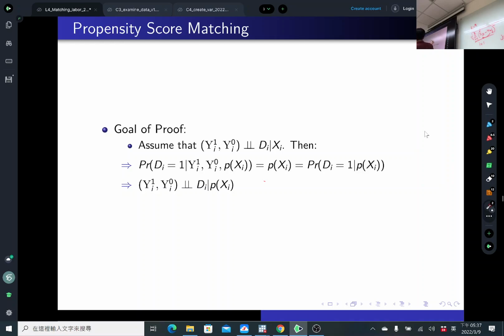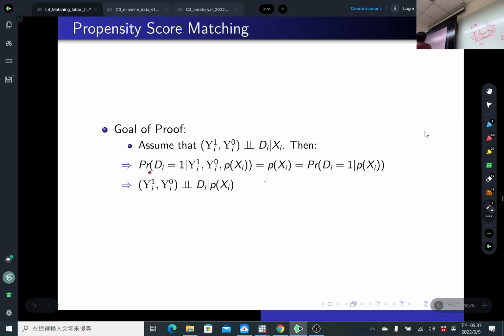Because this basically suggests that, given the propensity score, you don't need to condition on your potential outcomes, because the propensity score is like X, the key determinant of the value of potential outcomes. So after you control for it, you don't need to condition on this.